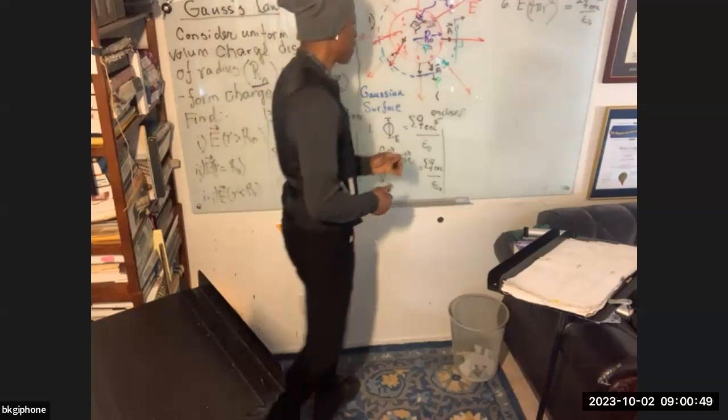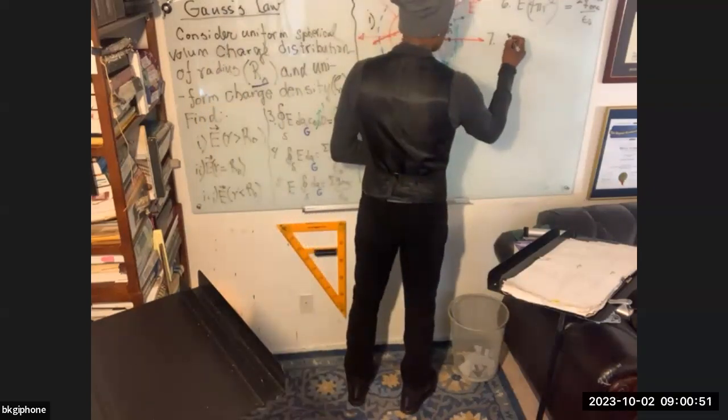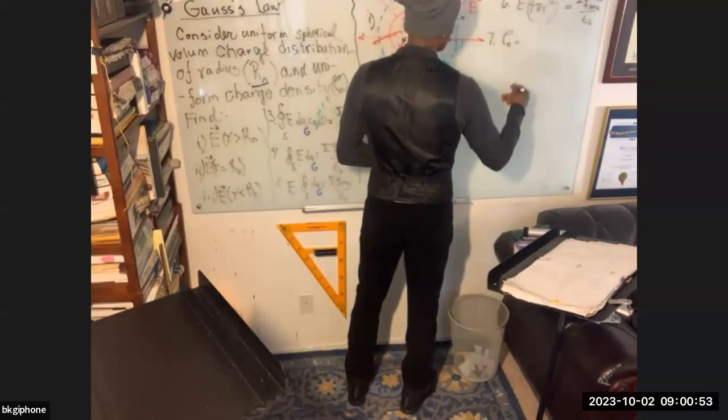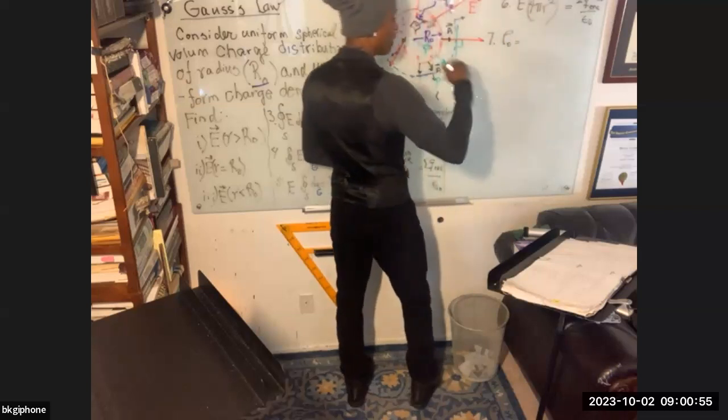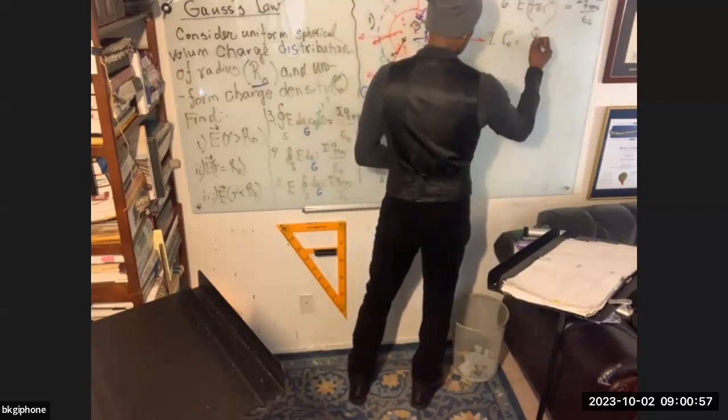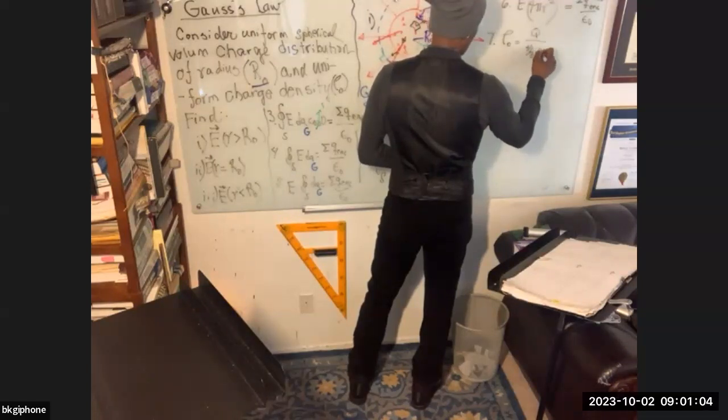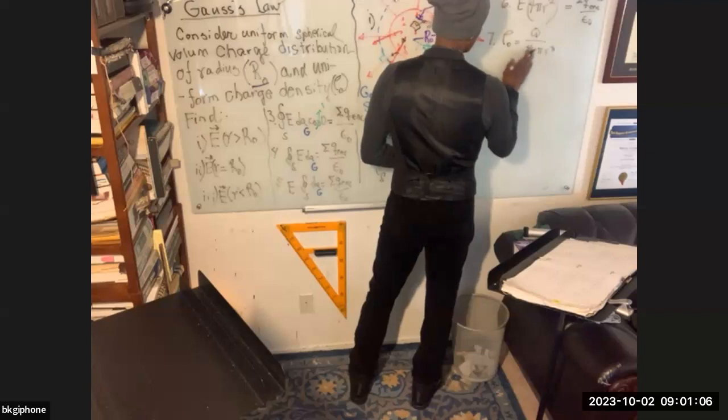So the definition of charge density for this thing, rho naught, is equal to its total charge over total volume. So that's going to be charge over volume. And the volume of a sphere is 4/3 pi r cubed.